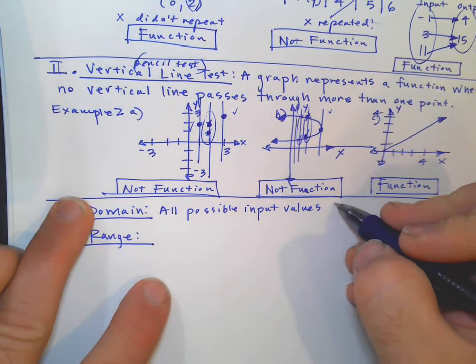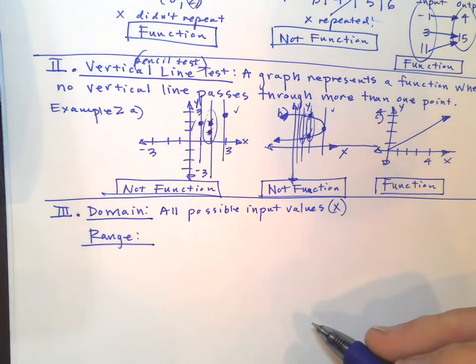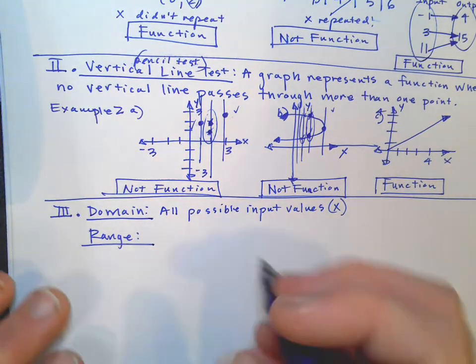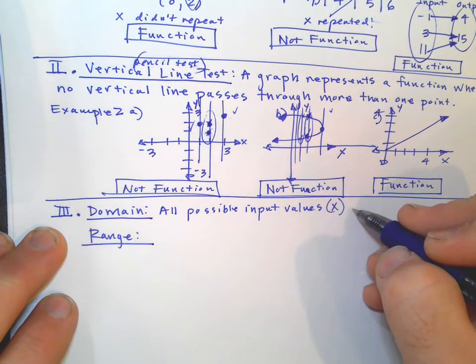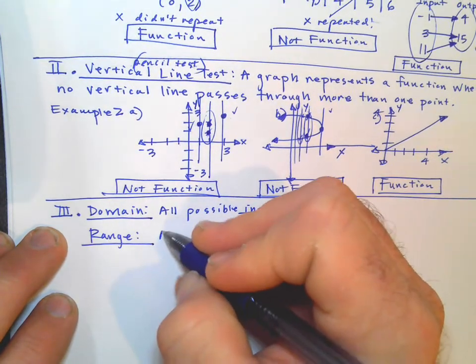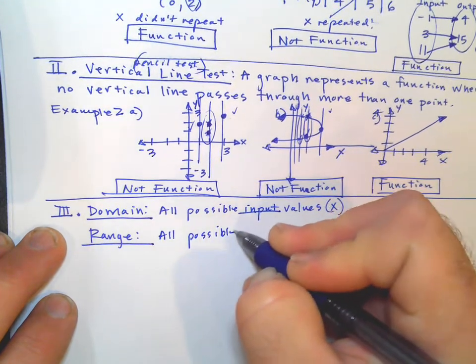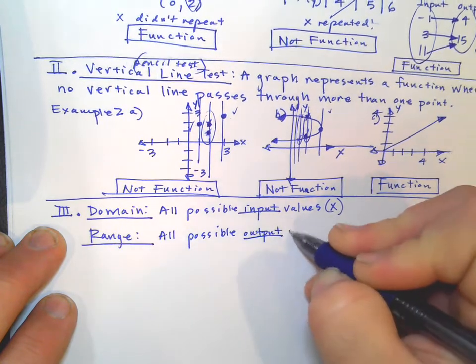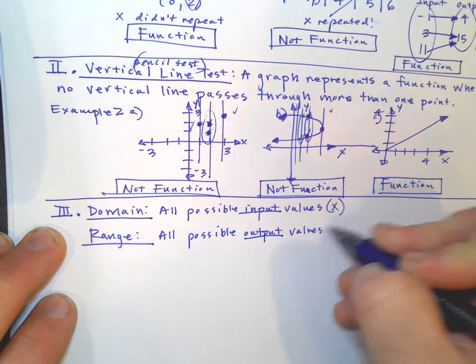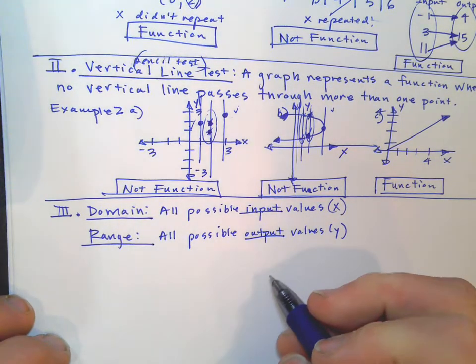And usually that's x for domain. For our problems, we might use some other letters sometimes, but it's the thing you plug in, the first thing, the input. So all the input values. And the range is all possible output values, or usually y. All the output values.